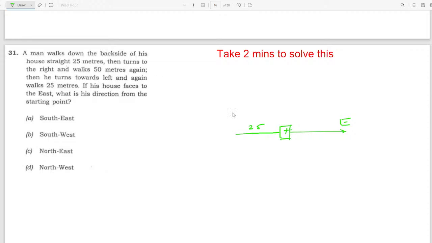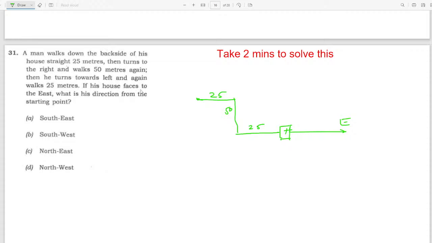Then he turns to the right for 50 meters. Then he turns towards left and again walks 25 meters.